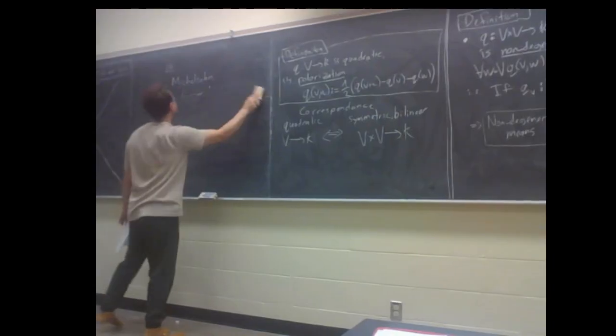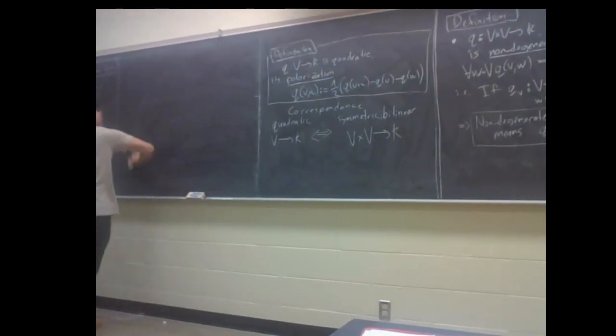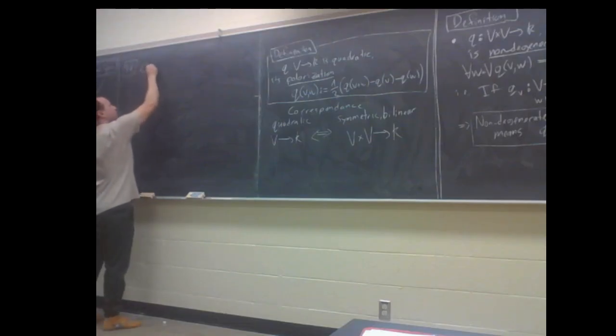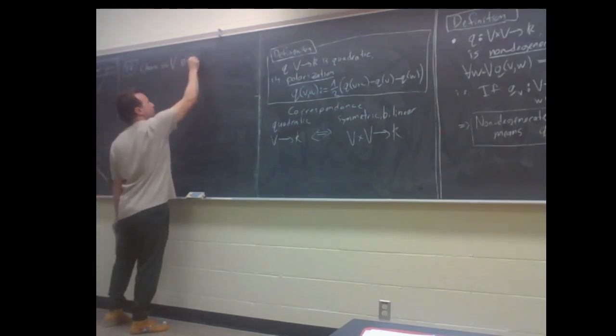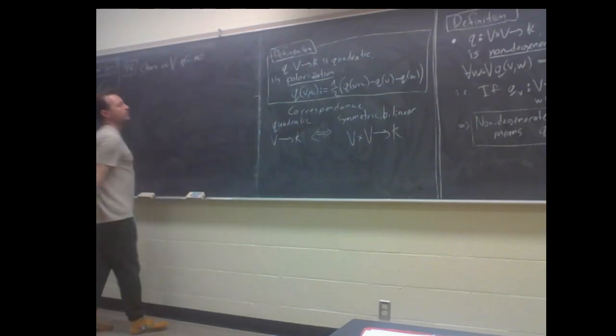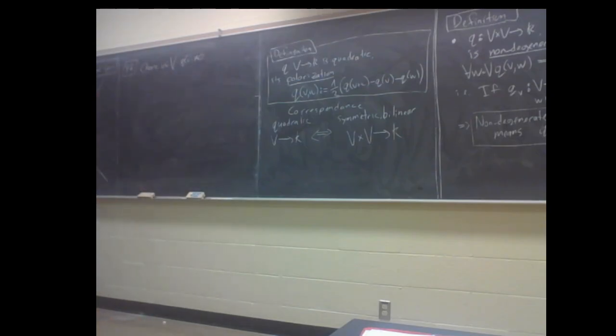Okay, so let's prove this because it's actually really cheap. I had to think about it and then I figured it out. Since our form is non-degenerate, we can always choose a v so that Q of v is not 0. This is one thing that non-degeneracy buys us. So that's a good start.